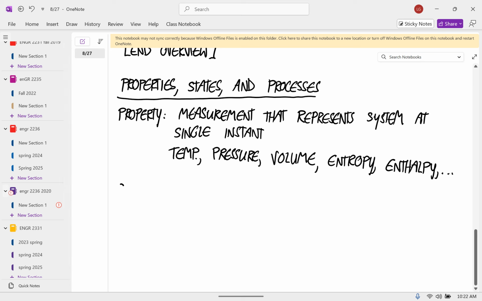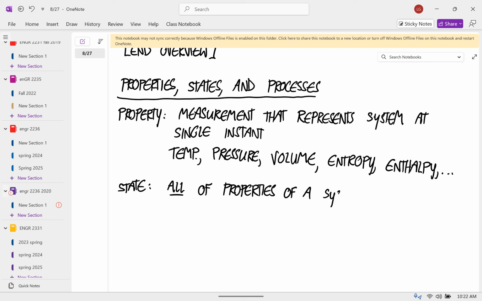A state is all of the properties of a system at a given instant.